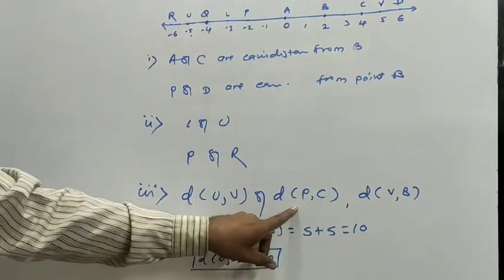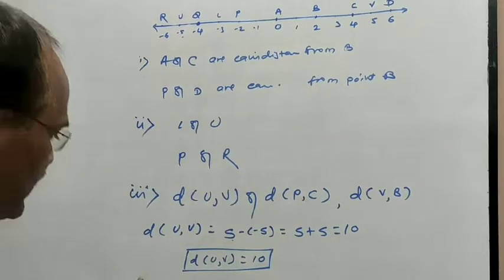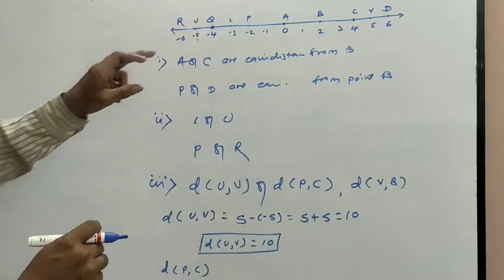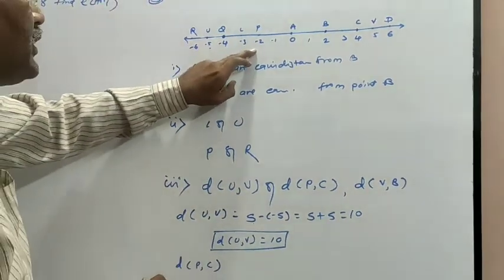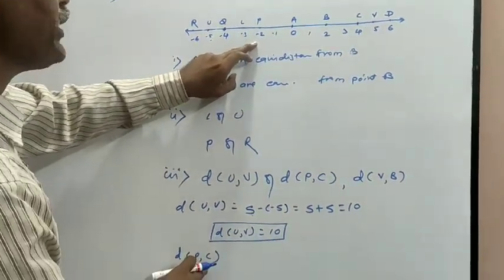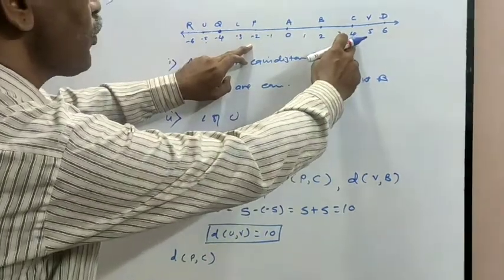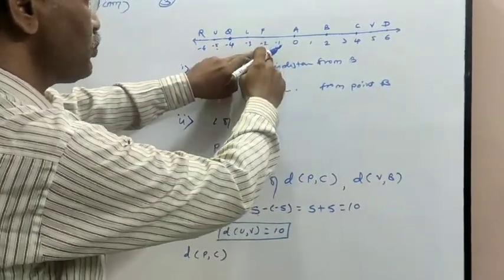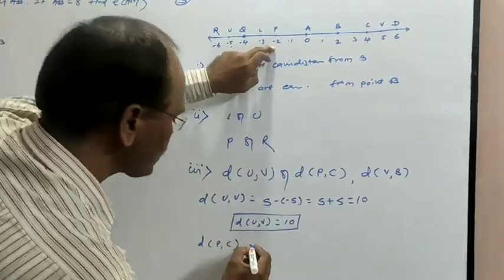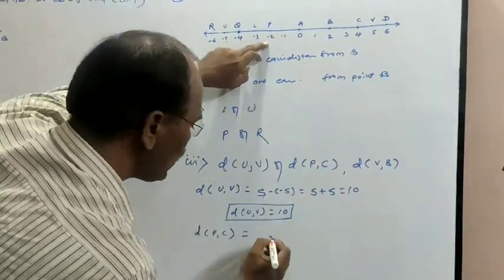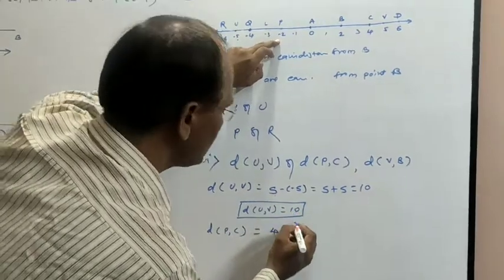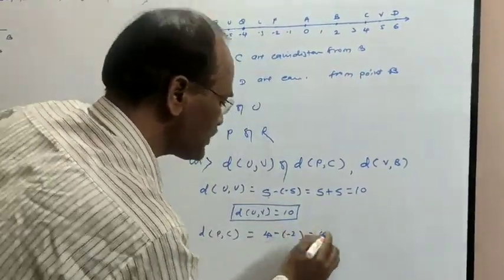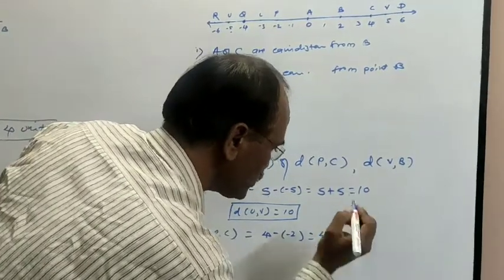Next example, distance PC. Coordinate of point P is -2 and coordinate of point C is 4. Which is greater? 4 is greater than -2. Therefore, 4 minus -2 means 4 plus 2, which is 6.